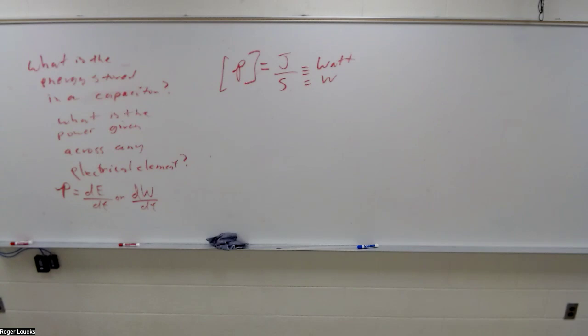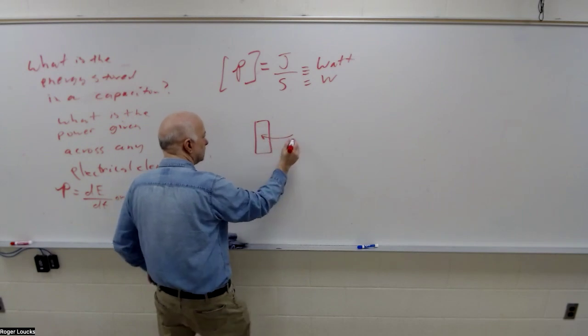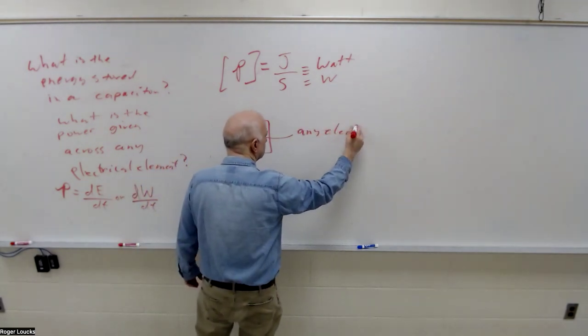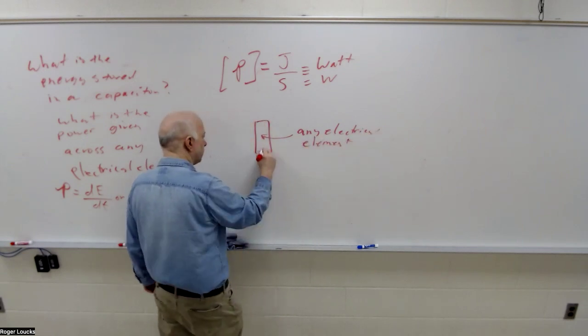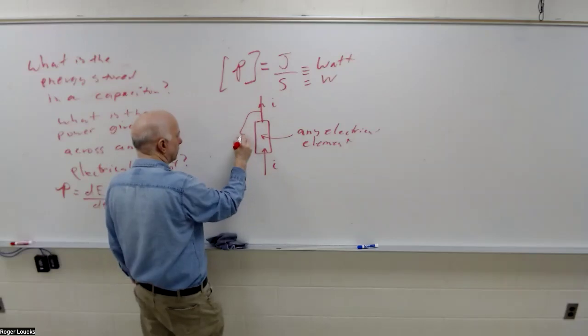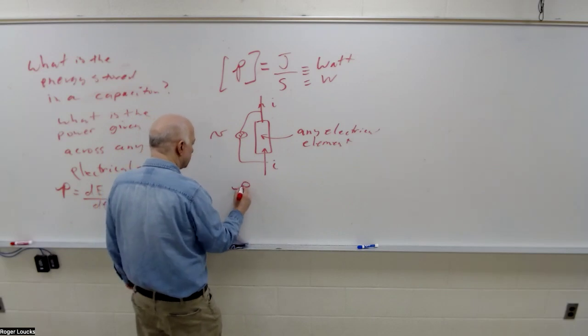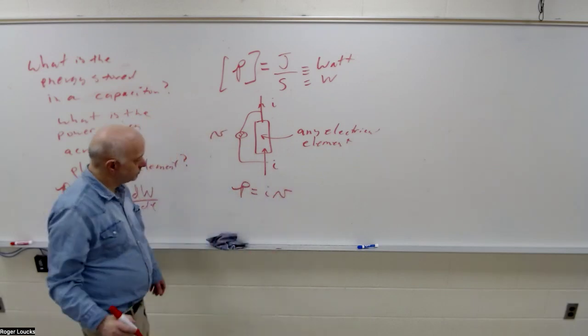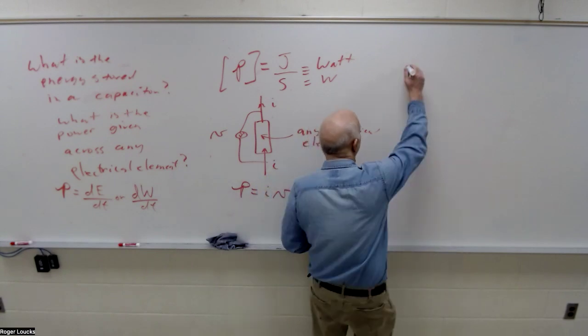That's a watt. And what I want to convince you is that for any electrical element, if I have a current I going through here, and let's say I put a voltmeter here, and the voltmeter is measuring V, your power is always going to be I times V. Doesn't matter what it is, it'll always be I times V. And I want to prove that.